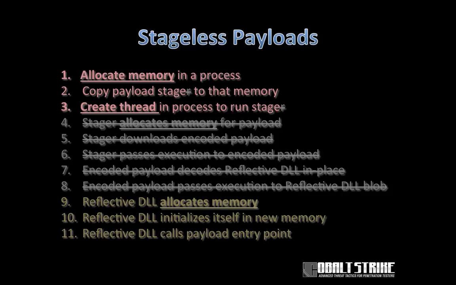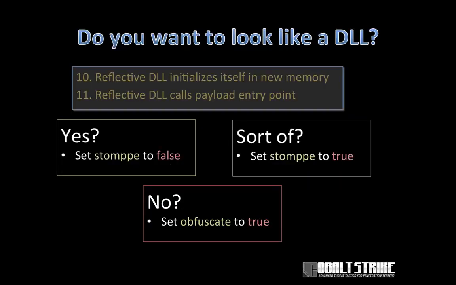This is the final place it is going to live in that process. It then initializes the beacon DLL in that new memory. Once all of that is done, the reflective loader then calls the entry point for the beacon payload, and beacon starts doing its beacon thing. All right, we're going to work backwards through that process.